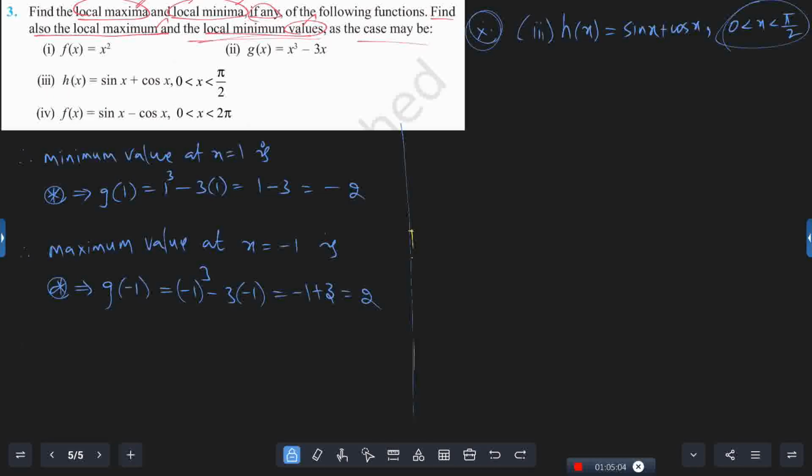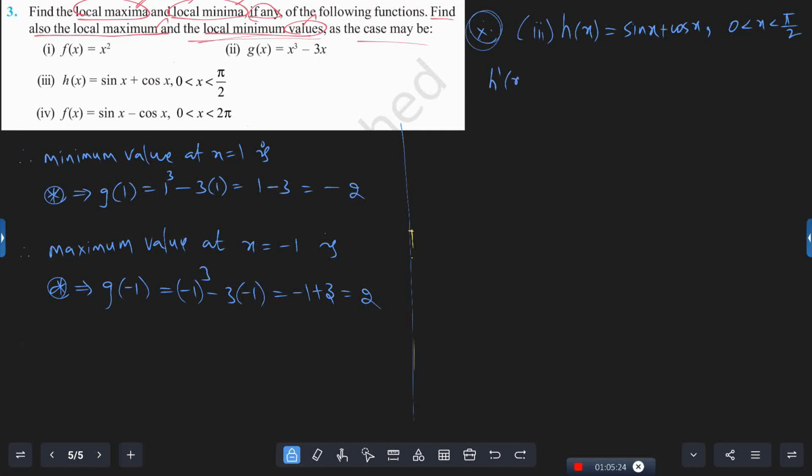This is an open interval, so we cannot go by the absolute method. If it were closed, 0 and pi by 2 would also be considered as x values. Now first let me differentiate this.